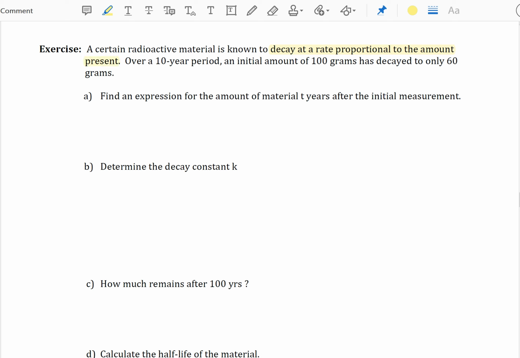It decays at a rate proportional. This wording tells me that we're talking about an exponential decay model. Over a 10-year period, an initial amount of 100 grams decayed to only 60.